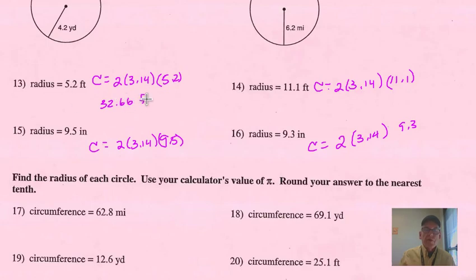And we're talking about feet. 32.66 feet. Over here, 2 times 3.14 times 11.1, 69.71. And it's going to be feet.